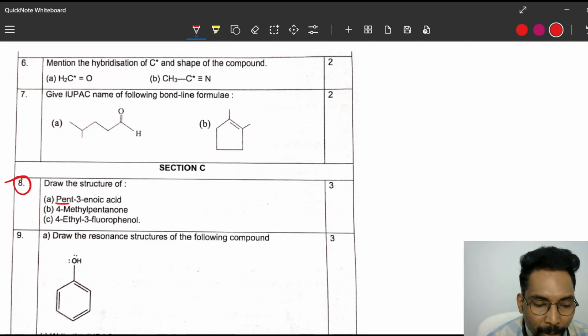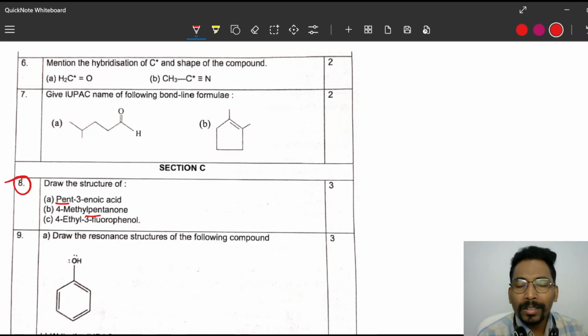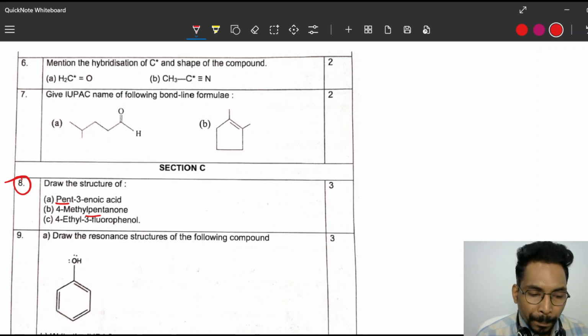Okay, pent. In second one also it is pent, and third one is a cyclic compound, I mean an aromatic compound. So we can do the first one, pent-3-enoic acid.